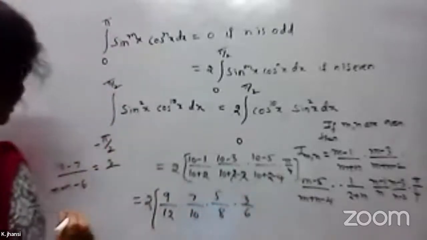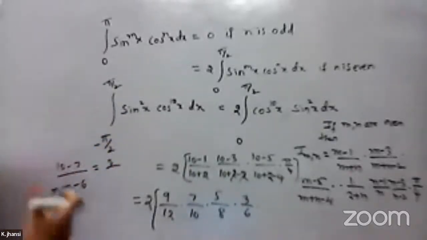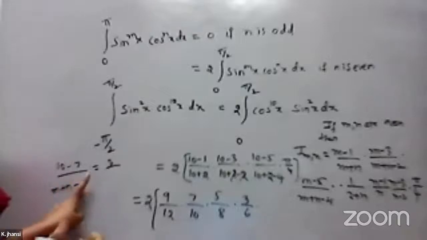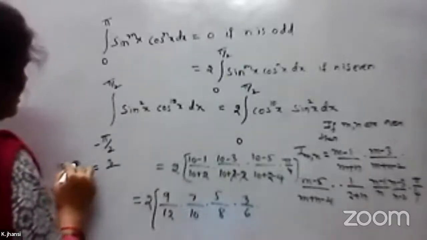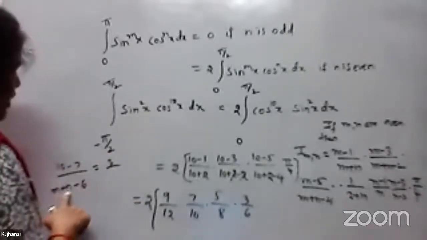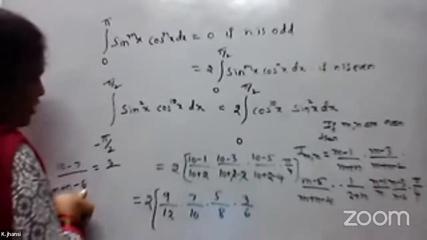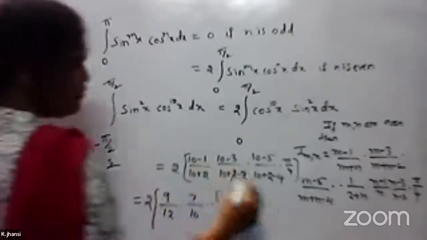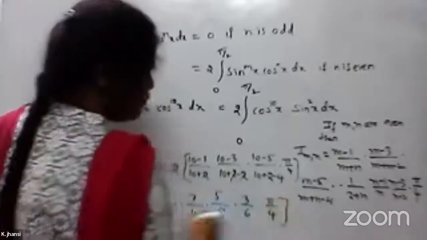Next term, 10 minus 9 by m plus n minus 8: 10 minus 9 means 1, and 10 plus 2 is 12, 12 minus 8 is 4, so 1 by 4 also you will get. At least take the last term as 1 by 4.